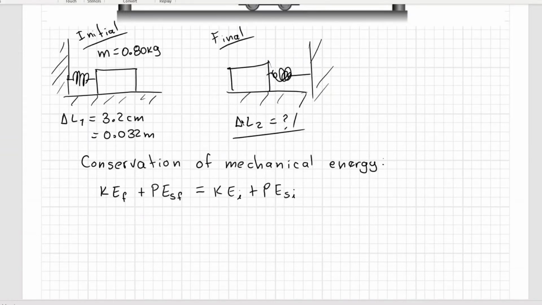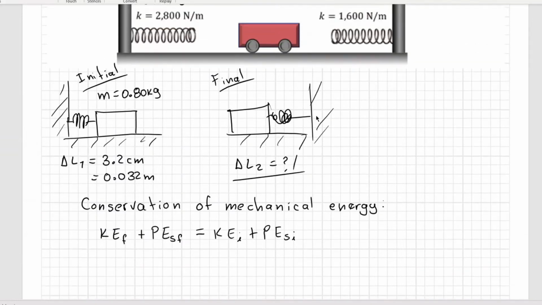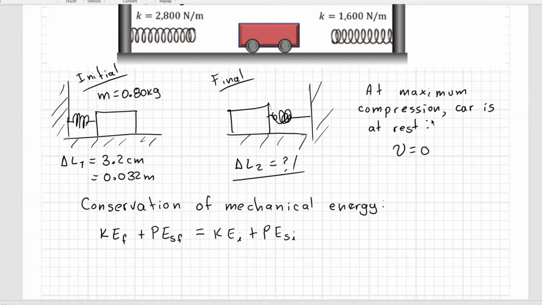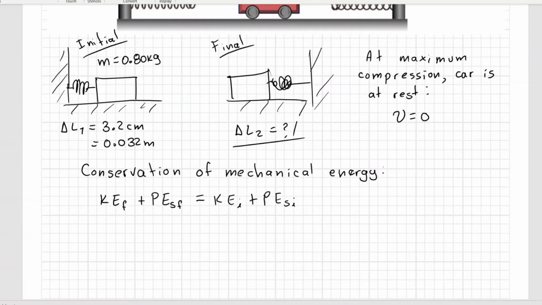We can simplify this equation even more if we realize that when the springs are at maximum compression, the car will be instantly at rest. So, since at the initial and final times the springs are compressed at maximum, the kinetic energies will be 0.